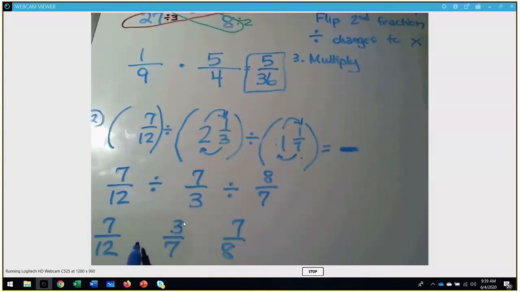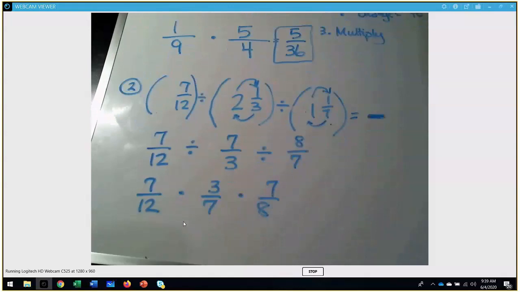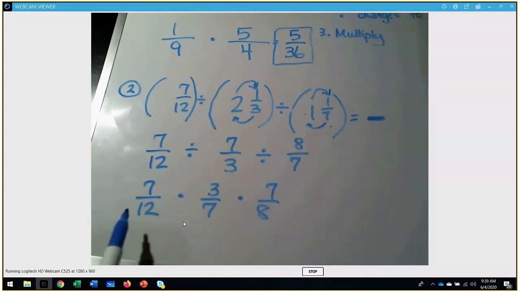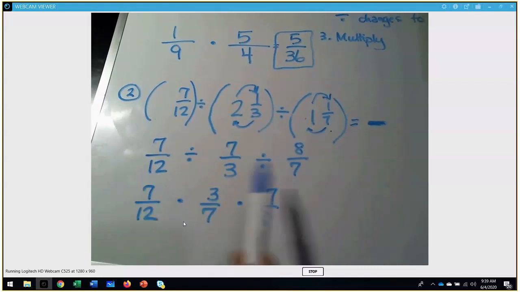Then multiply and multiply. Scoot that over. Put that down. All right. So I took care of the negative. I flipped everything, and now I'm multiplying.